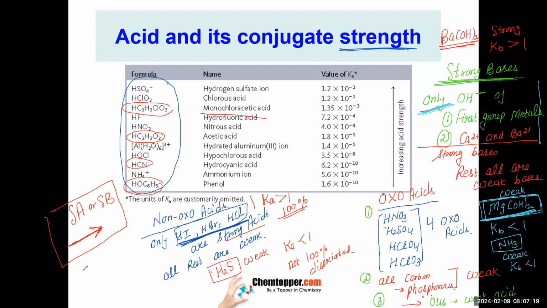But if I work with a weak acid or weak base, then I have to put an equilibrium there. Then I have to make the Rice tables, all the concepts of equilibrium can be used now.